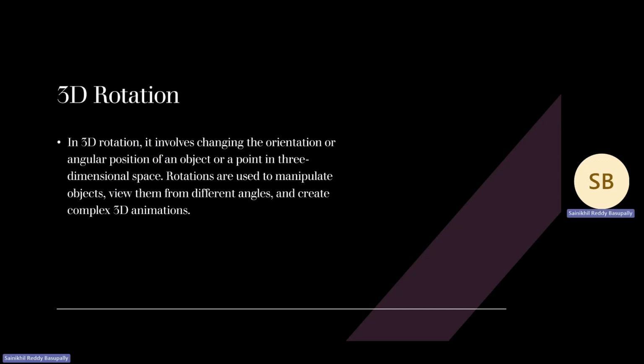So there are three kinds of rotations where we can rotate an object parallel to a specific axis, so that the coordinate about which this object rotates remains unchanged, and the rest of the coordinates change. In total there are three kinds of rotations that are possible: rotation about the x-axis, rotation about the y-axis, and rotation about the z-axis.